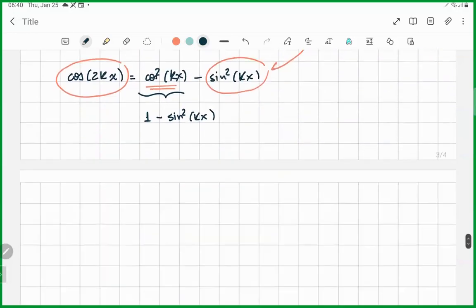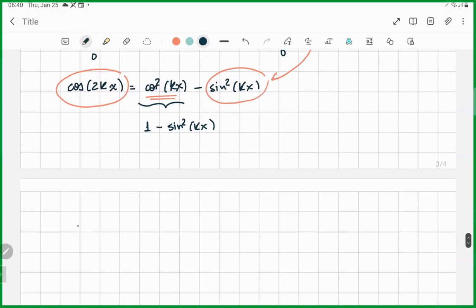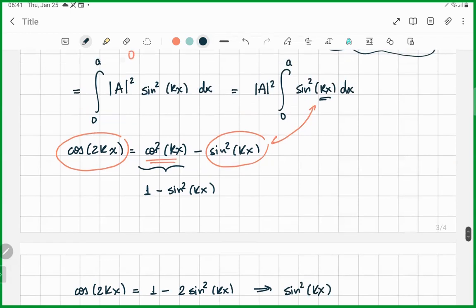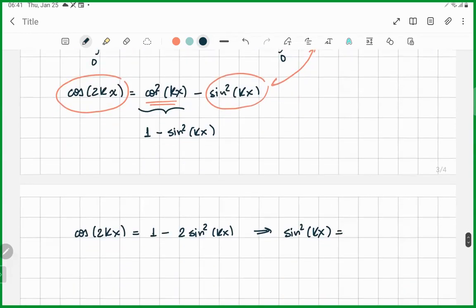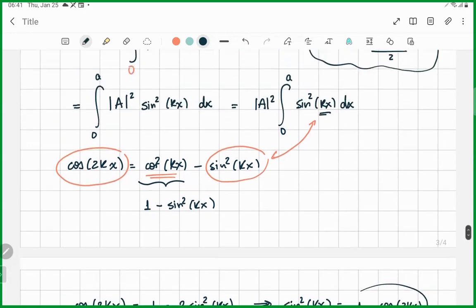So the cosine of 2kx can also be written as 1 minus 2 sine square of kx. So the sine square of kx that we have in our integral can be written as 1 minus cosine of 2kx, divided by 2. That's what we are going to use to solve that integral.